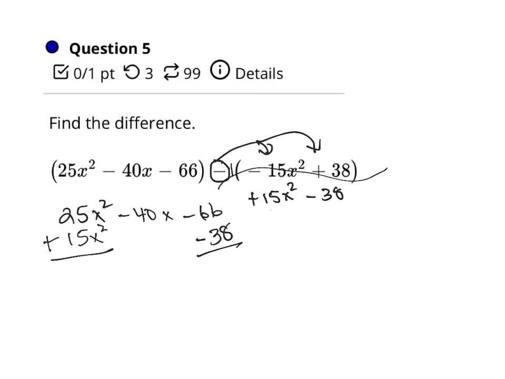So adding 25 plus 15, that's going to give me 40, and rewrite the x squared. This had nothing to go with it, so I just bring it down, negative 40x. Right here, negative 66 and negative 38, signs are alike. We add, take the common sign. So that's going to be negative, let's see, 8 and 6 is 14, carry the 1, 104. So there is our answer.